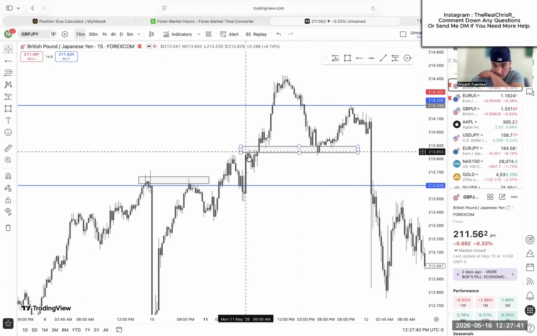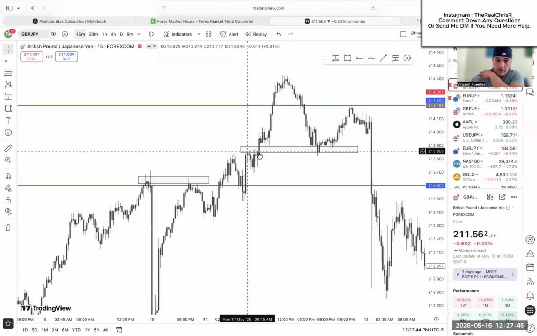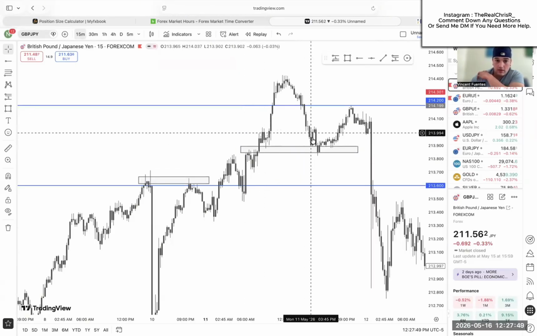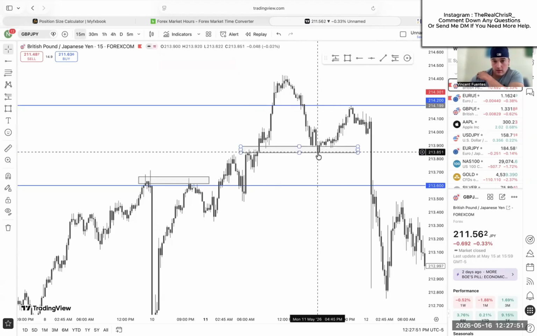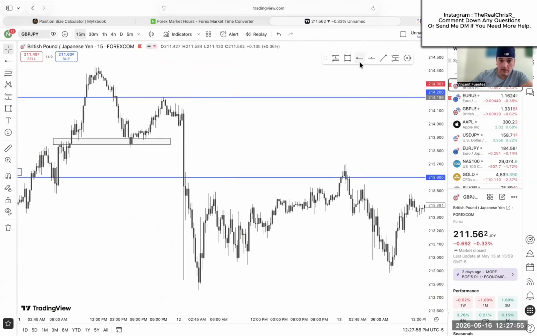You got your resistance, this is resistance, your roof. This is resistance, but anything over here is now your support. And then I use the horizontal ray.